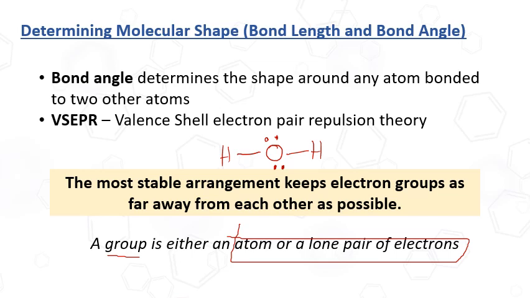If we ask how many groups are surrounding your oxygen atom, you have to count the lone pairs. That's 1, 2, and then the atoms. That's 3, 4. So there are 4 groups bonded to the oxygen. That is how you determine the number of groups.